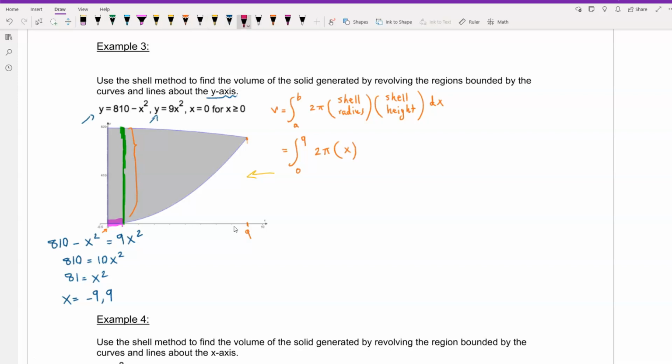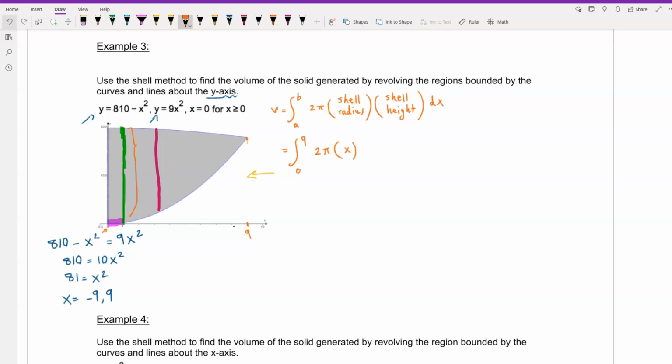Again, what if we had this line here? In that case, our x will be this part, and that is the shell radius, and this one would be the shell height.